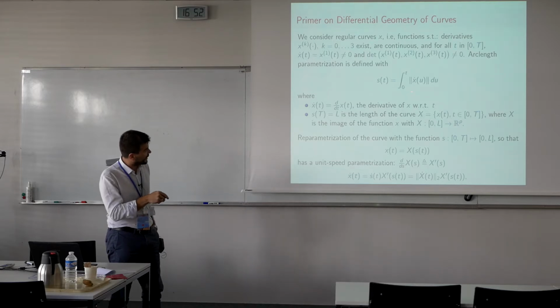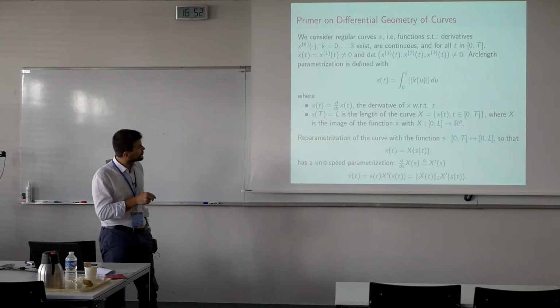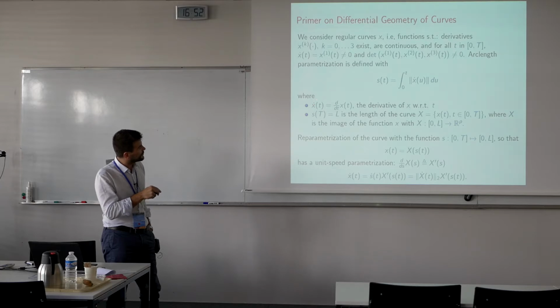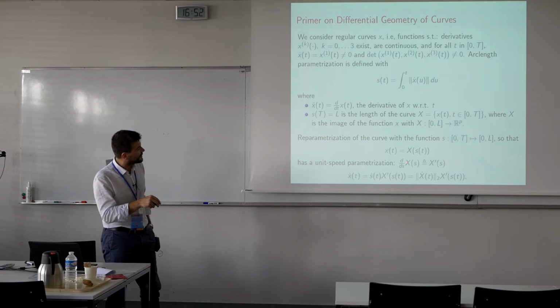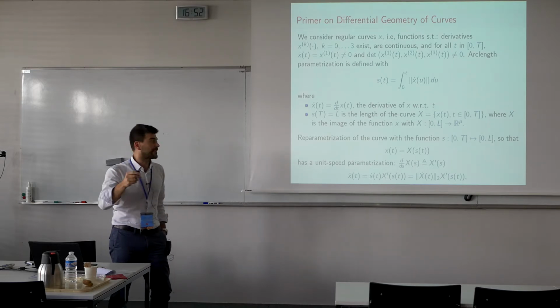So you introduce the arc length parameterization. With a dot, we denote the differentiation with respect to time, and we'll use the prime to denote differentiation with respect to arc length.